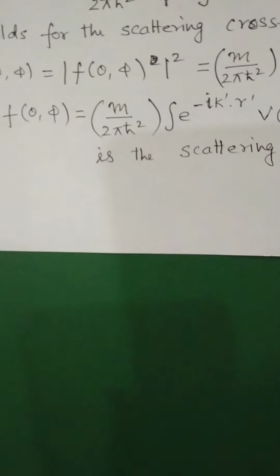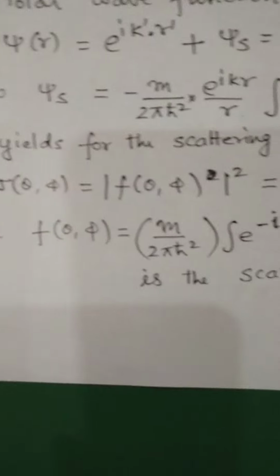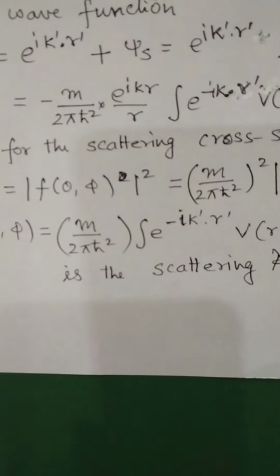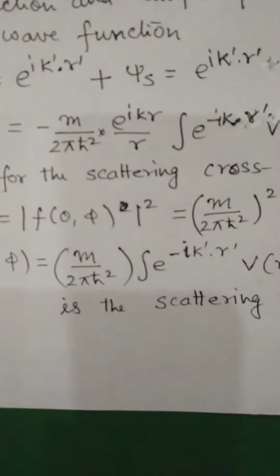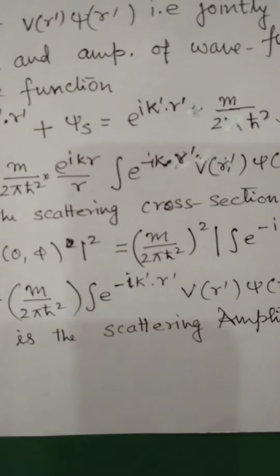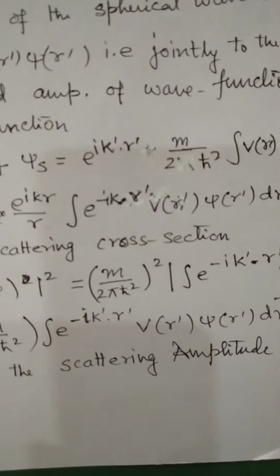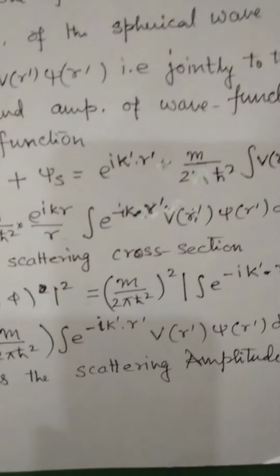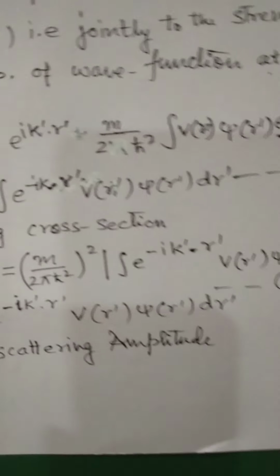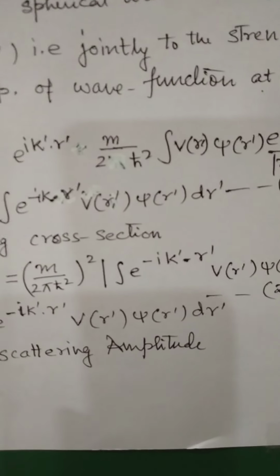So the scattering amplitude f of theta and phi is equal to m upon 2 pi h cross square multiplied by integration of e raised to the power of iota k dash dot r dash multiplied by v function of r dash psi function of r dash multiplied by d r dash.